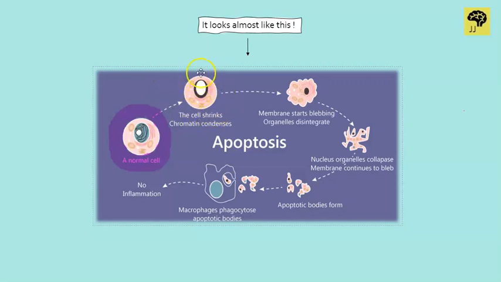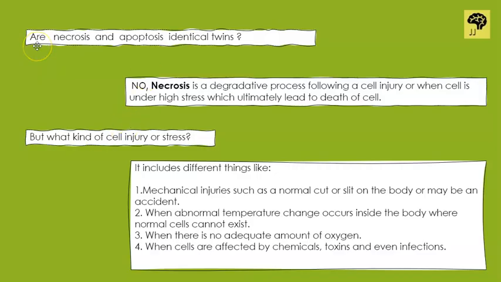If the membrane is disrupted, the cytoplasmic content will come out and it might cause damage to other cells and might cause inflammation, which was not the case in apoptosis. Now tell me whether necrosis and apoptosis are identical twins or not. Yes, you have the answer. The answer is no. Necrosis and apoptosis are not identical twins.